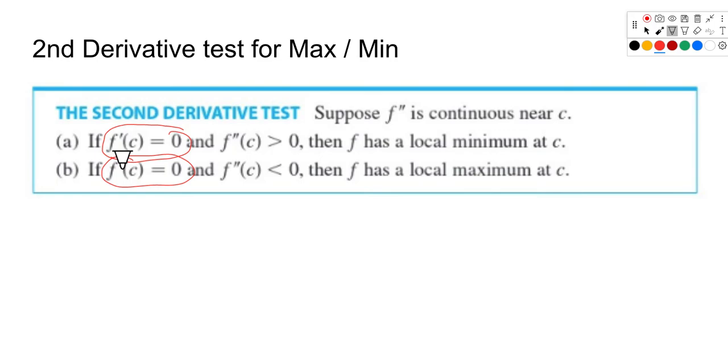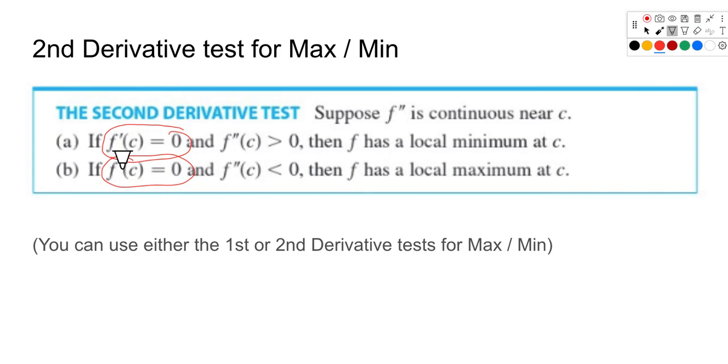So there are examples of that where we're concave down, but we never really get to a maximum, but having the first derivative be 0 means that we're at a place where there's got to be either a maximum or minimum. Okay, and so we could use either the first or second derivative test for this.